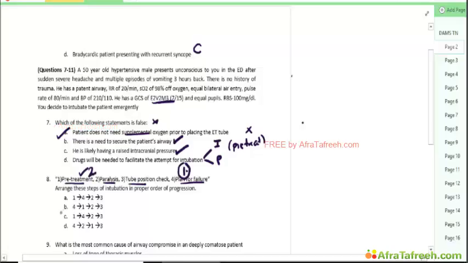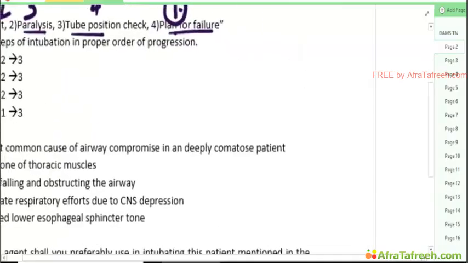Second, you pre-treat, then you paralyze, and then you check the tube's position. Okay, so this is 4 followed by 1 followed by 2 and followed by 3, which is only in one option, which is this.